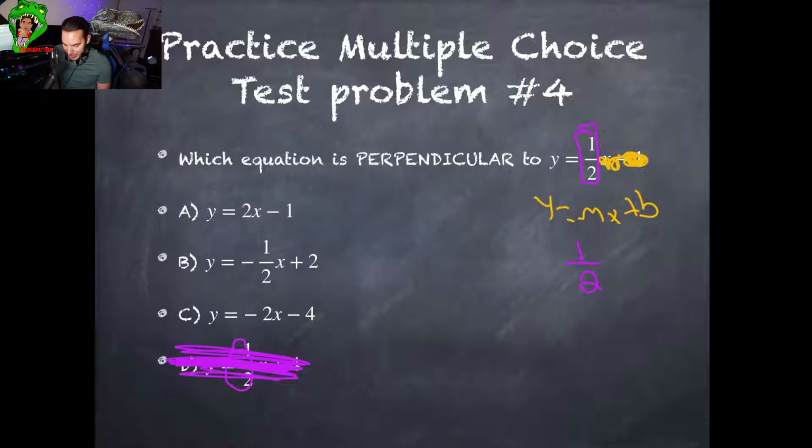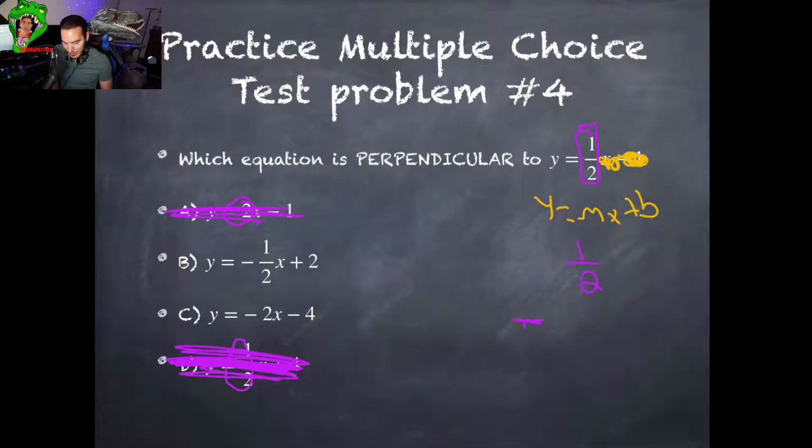Perpendicular means opposite sign. We have a positive, so my answer has to have the opposite, which is negative. Does this one have a negative? No. Bye-bye. This one does have a negative. This one does have a negative. So these two are left. Now, opposite, I have to flip. The next step, flip. Numerator becomes the denominator, denominator becomes the numerator.